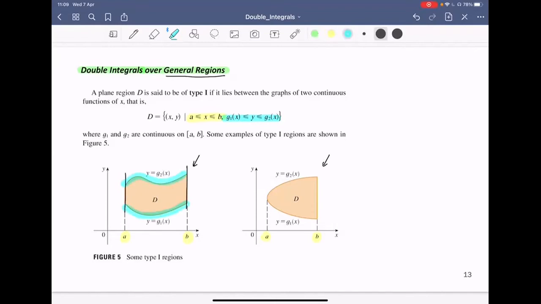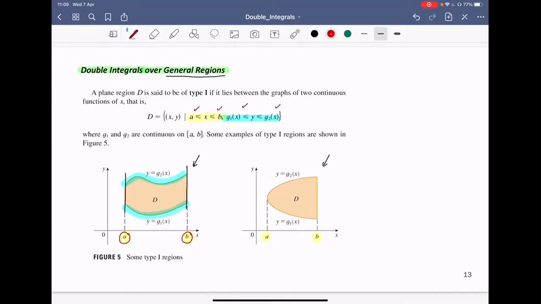So that means when you integrate that, we're going to use the same concept. We're going to integrate x from a to b and y from g1 to g2.